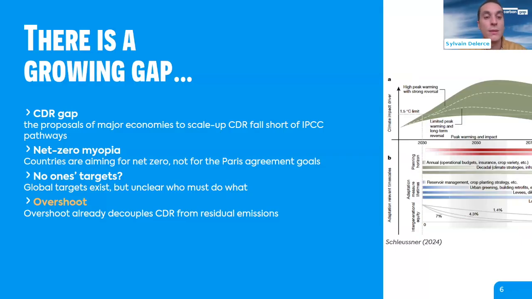That changes the way countries should be looking at CDR, because beyond the polluter pays principle and the fact that every country should be able to neutralize at least their residual emissions to reach net zero, there is an accumulated amount of greenhouse gases, CO2 in this case, that will need to be managed collectively if we intend to go back and remediate, to the extent we can, the overshoot. So that asks a different question for CDR planning and for countries.